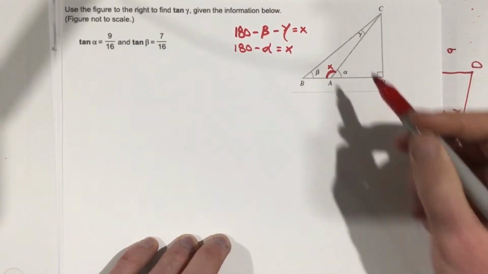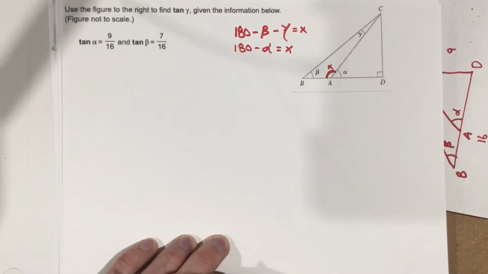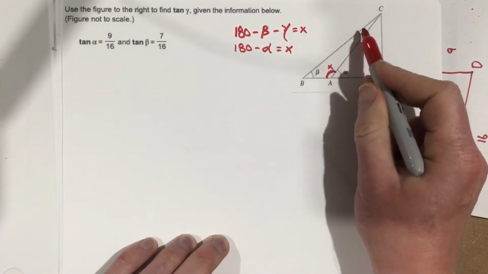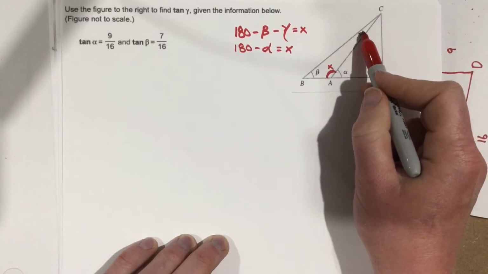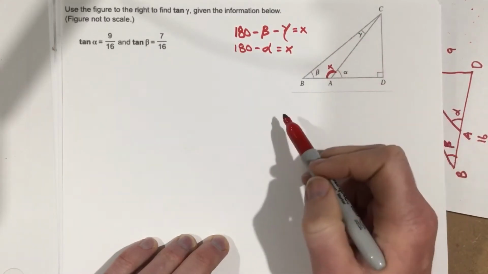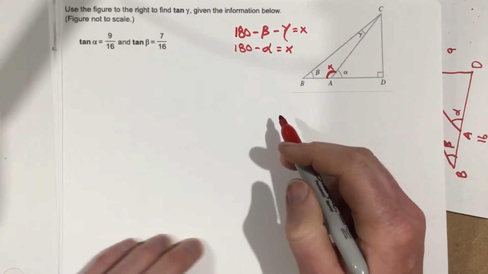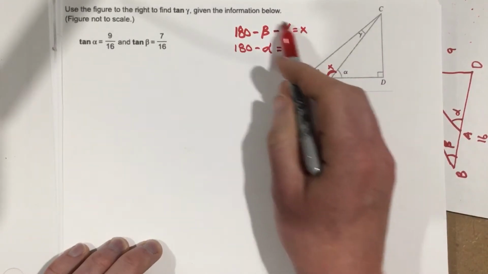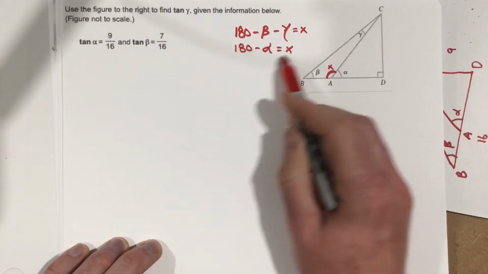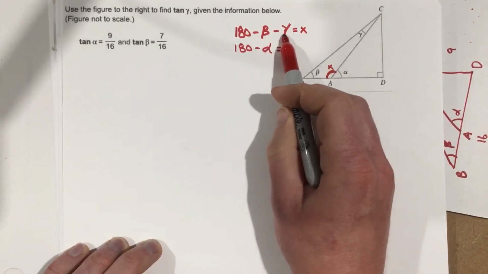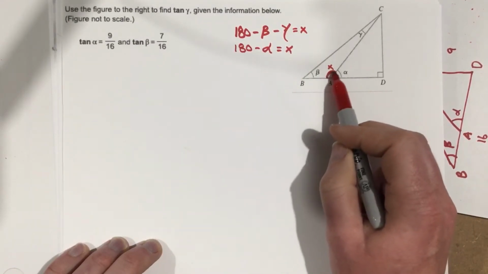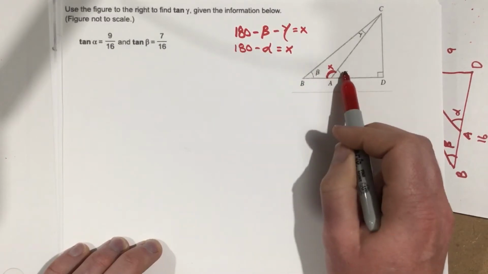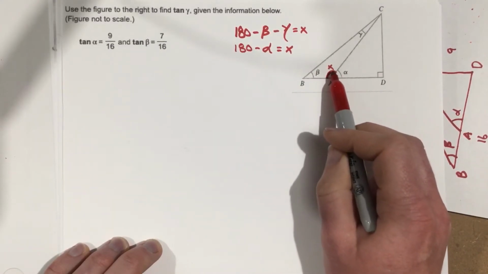This is something from geometry, but these are called supplementary angles. And we know that if there are two sets of supplementary angles, those two sets of angles are equal. We can see that from the expressions we wrote: 180 minus beta minus gamma equals x, and 180 minus alpha equals x as well.